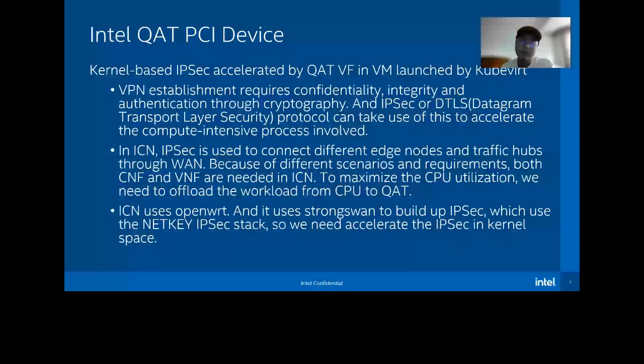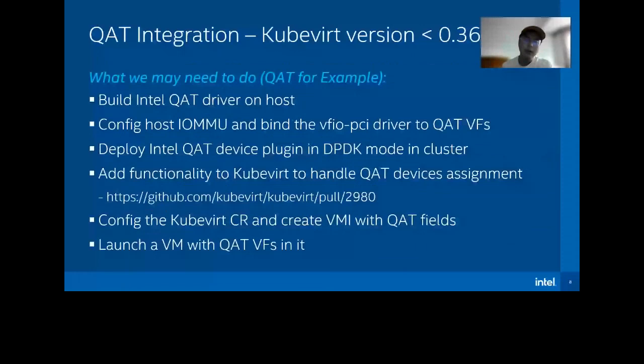Before KubeVirt release version 0.36, if you wanted to use a generic PCI device, you needed a lot of code work. First, for QAT, we need to build the Intel QAT driver on the host, configure the host IOMMU group, bind the VFIO PCI driver for the QAT VFs, and deploy the Intel QAT device plugin in DPDK mode in the cluster.